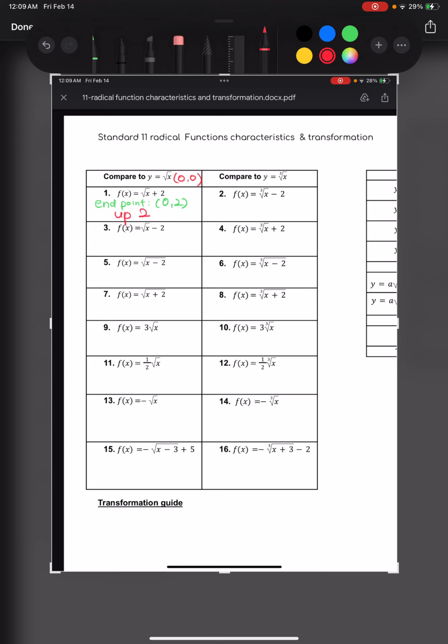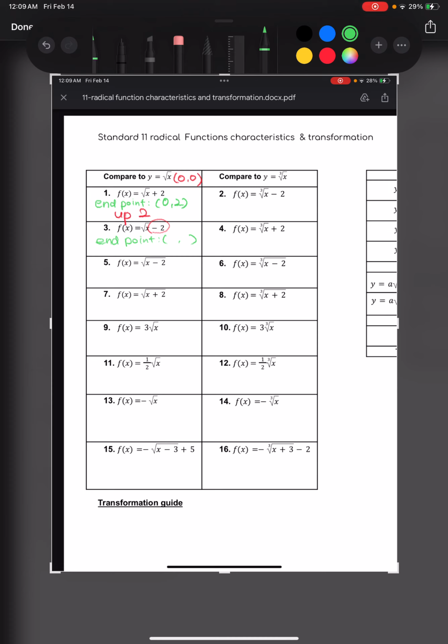Then you're going to graph the next one and you'll see your endpoint has been shifted. Write down the endpoint, then up or down and how much.